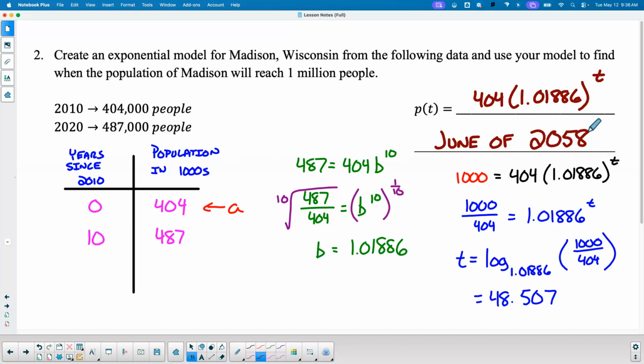Shifting gears now, because what's the problem with unbound exponential growth? Let's talk Madison. Because it's never going to stop, right? So it could hypothetically, over time, get to it.